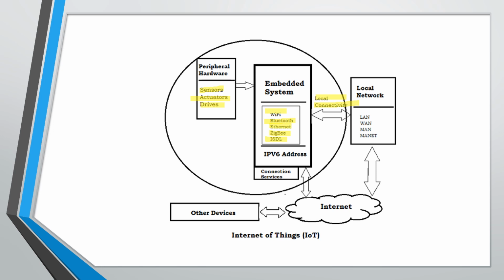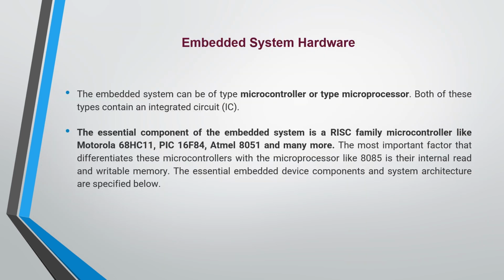As I have told you, we can make use of chips like the microcontroller, such as Arduino Uno, or the microprocessor, such as Raspberry Pi. So in embedded system hardware, there are two parts. The embedded system can be of type microcontroller or type microprocessor.